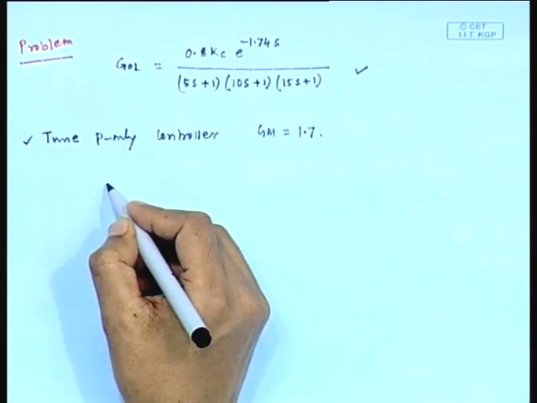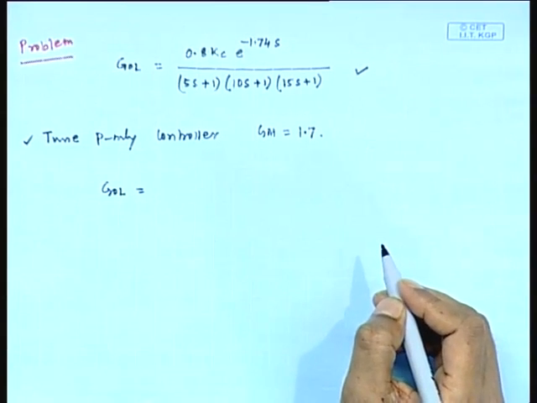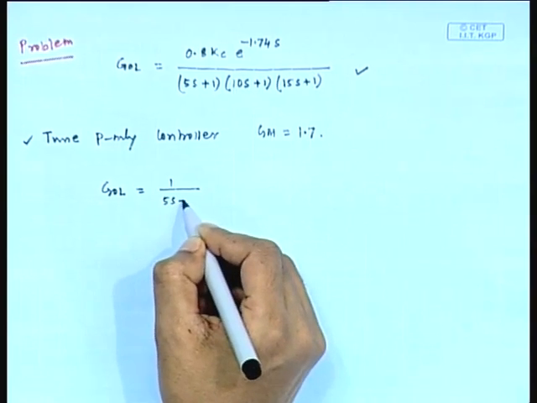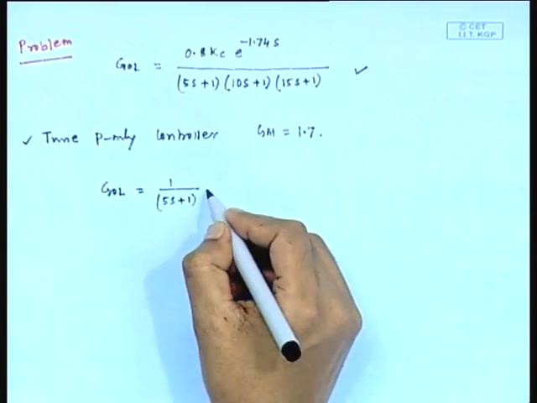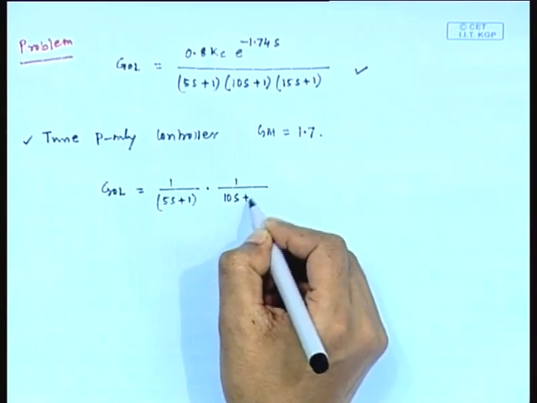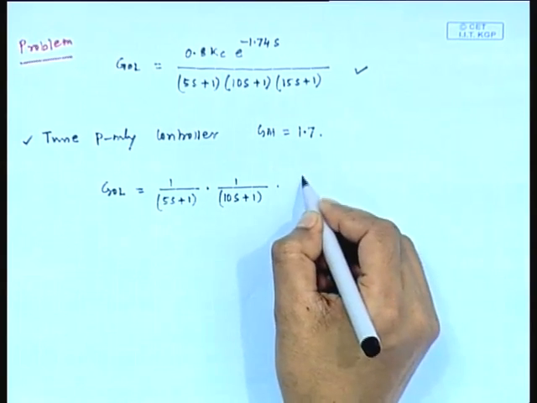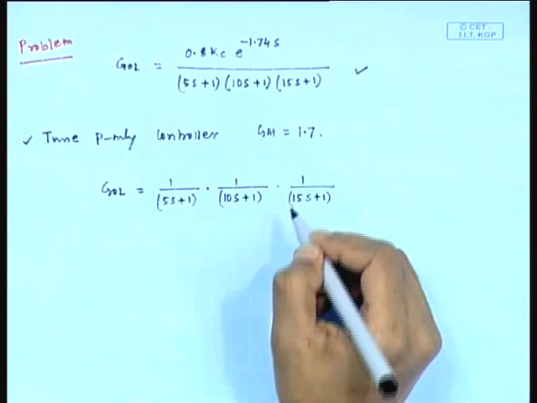Now, the open loop transfer function we can write as 1 divided by 5s plus 1, 1 divided by 10s plus 1, 1 divided by 15s plus 1.